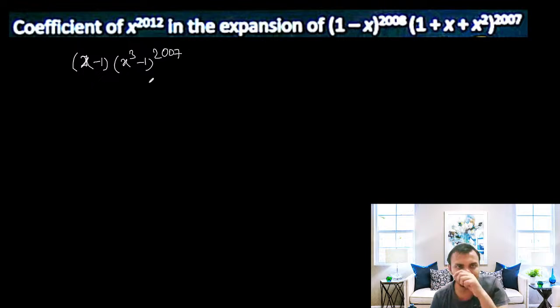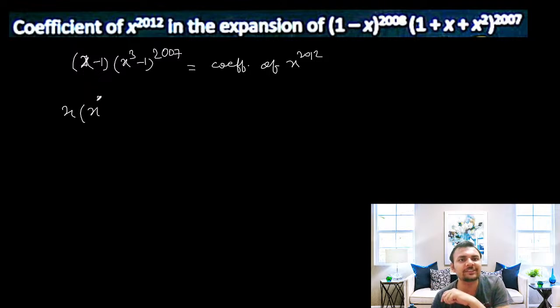Now we have to find the coefficient of x to the power 2012. So it is simply x into x cube minus 1 to the power 2007 minus x cube minus 1 to the power 2007.